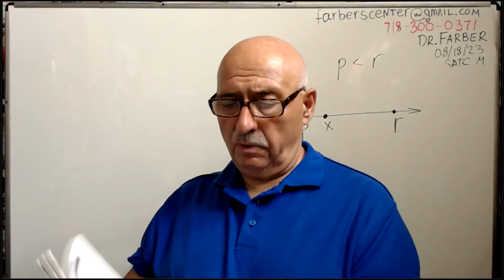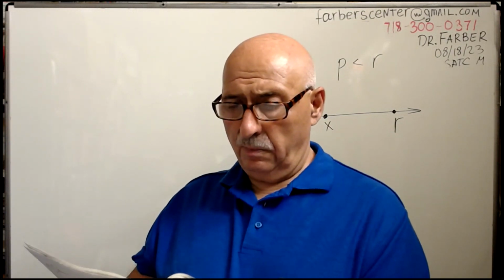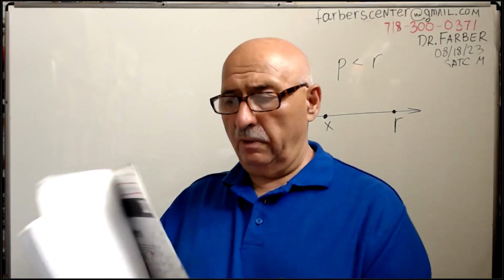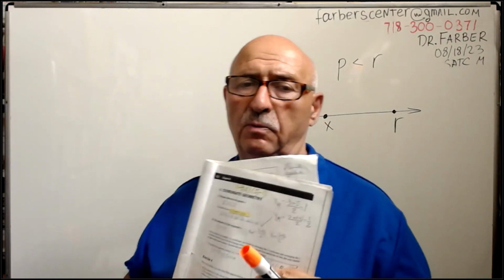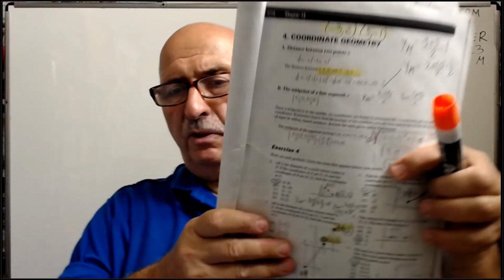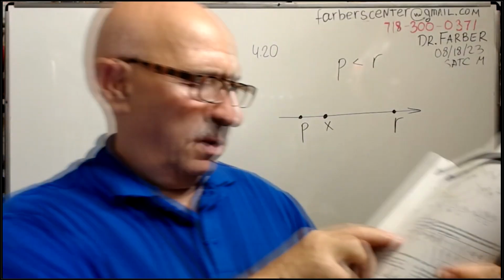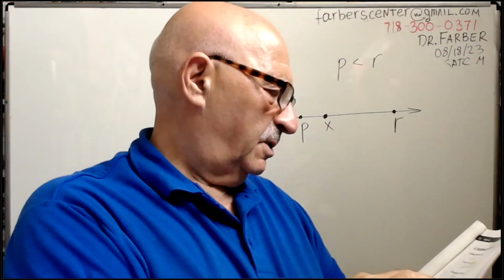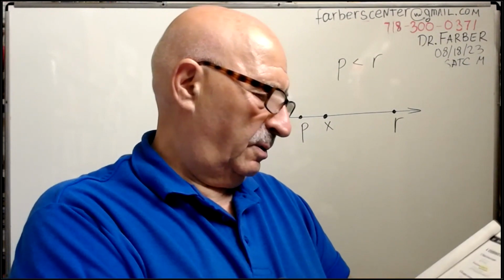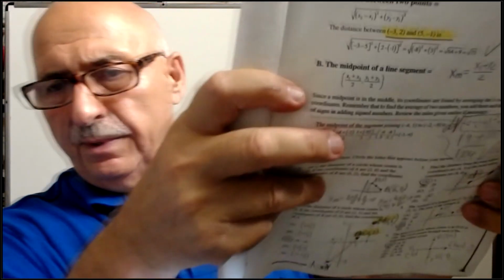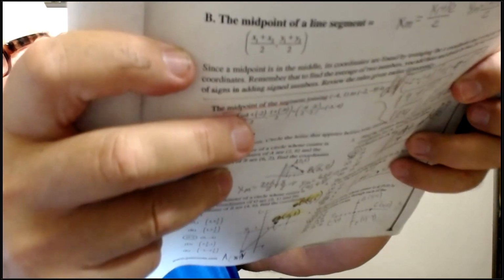Just a second, I will pause it. You see, it was your homework a couple of days ago, in coordinate geometry, page 208. You have item B, midpoint of a line segment. You see this?